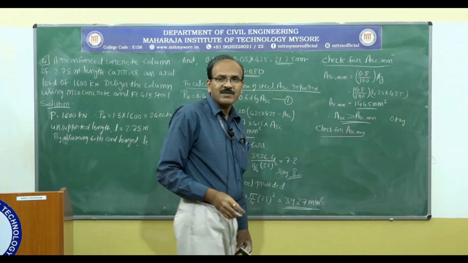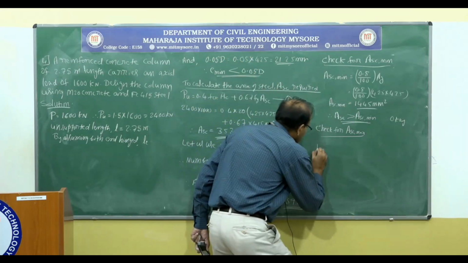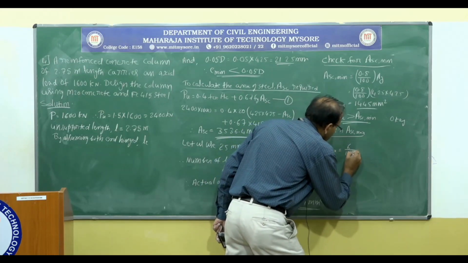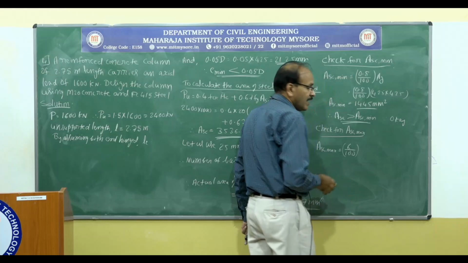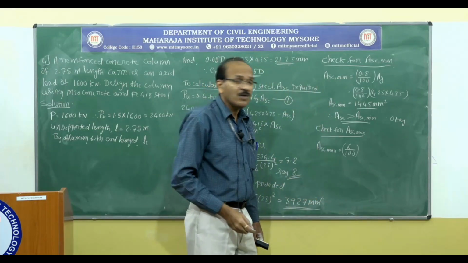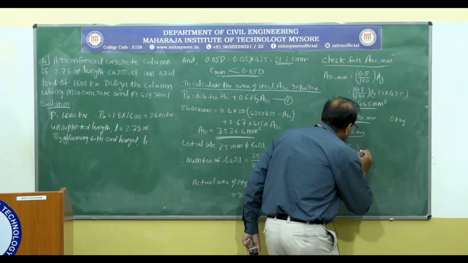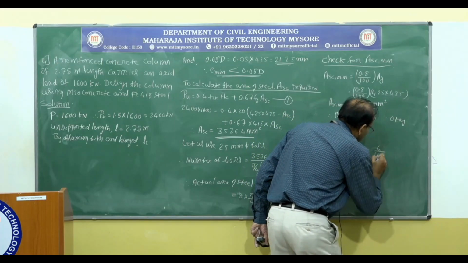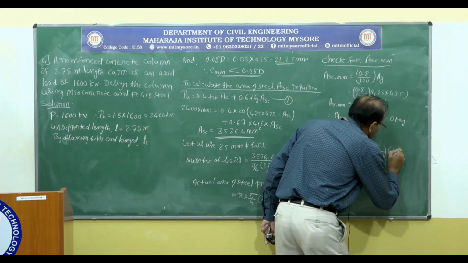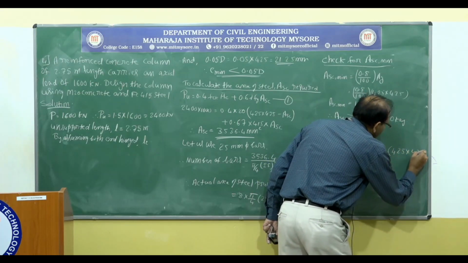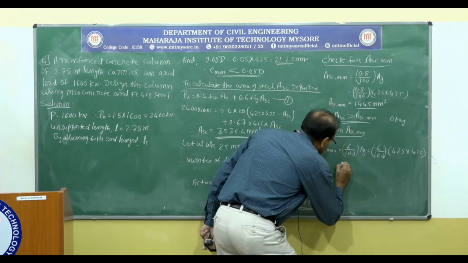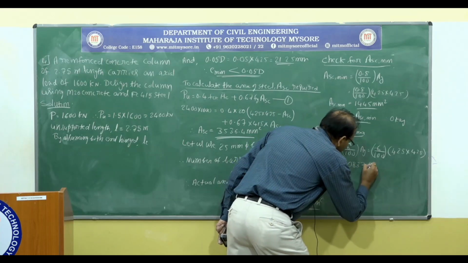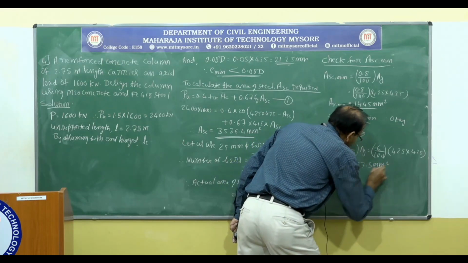As per the code, ASC maximum equal to 6 by 100, that is 6% of the gross sectional area, that is equal to 6 divided by 100 multiplied by 425 by 425, that is equal to 10,837.5 millimeter square.